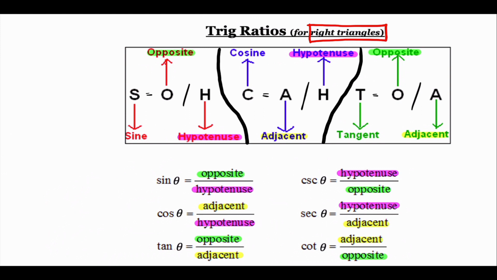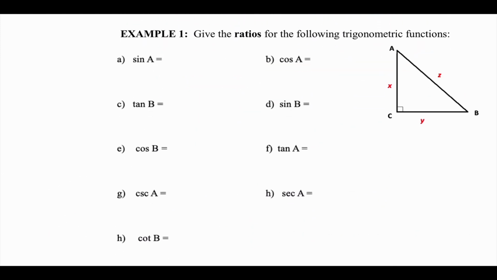So let's do a little bit of review from last year. I took this from a Math 2 book just to kind of get the brain going, remember this stuff. This right triangle has 3 angles, A, B, and C. C is the right angle.